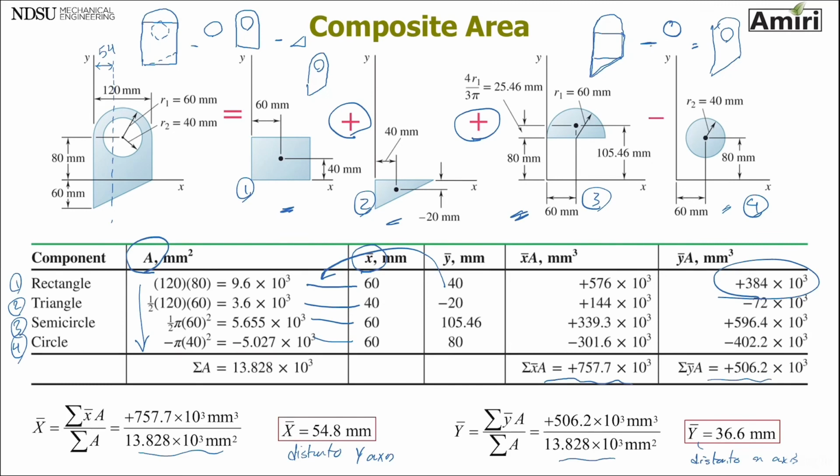Distance to the x axis, 37. The height is 80, half of it would be 40, a little bit less than half of this. And this is y bar, 37. So the center of this area is located right there, where the distance to the y axis and the distance to the x axis intersect with each other.